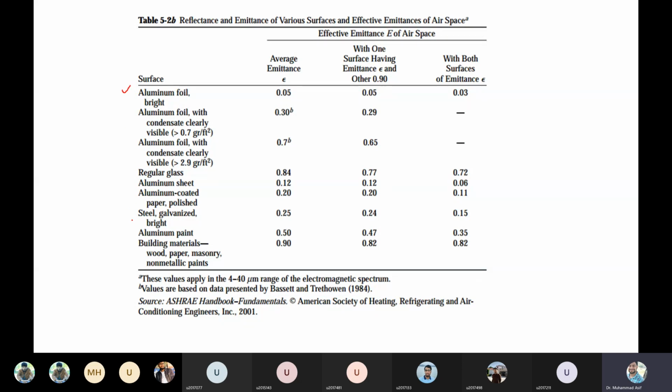Normally, the emission rate of the metals is relatively high. As you can see, in some case, it has the 0.7 in the glass as well. Let's say regular glasses 0.74, right? This is taken from the ASHRAE Handbook Fundamentals.